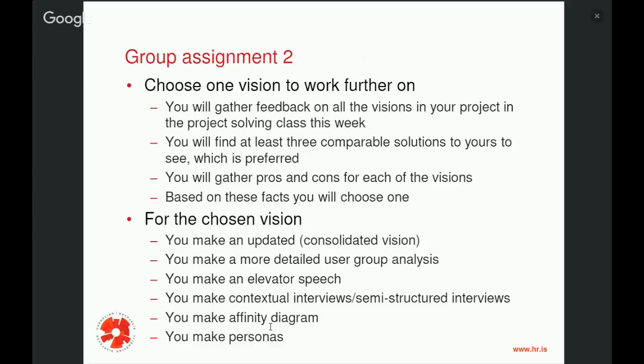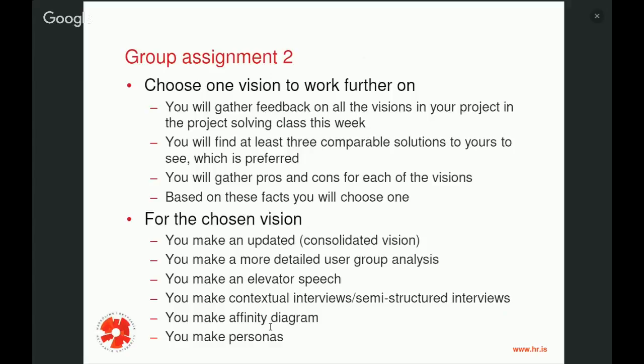So I would like you to find at least 3 comparable solutions to yours for each of the visions you made in project 1. So the first part of project 2, you are still working with all the visions you had. Okay?